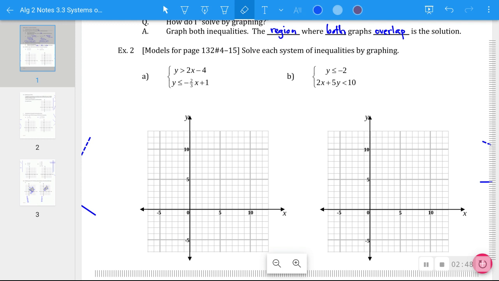y is greater than 2x minus 4. We're going to graph this first. It's a region where we're going to shade above a dashed border. The slope is 2. The y-intercept is negative 4. So we're going to come down to negative 4 on the y-axis and count out a slope of 2.